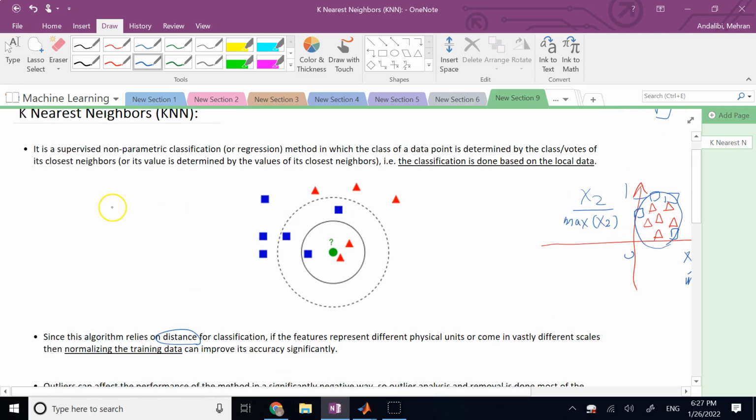If you have one of these squares all the way down here, as long as you're finding the class of data in this region, that guy has no say, because it's not close to any of the new data you're trying to classify, right? So literally it's like throwing it away, right?